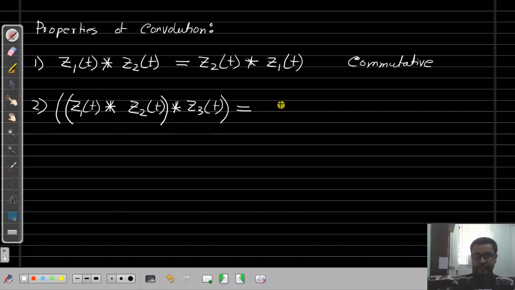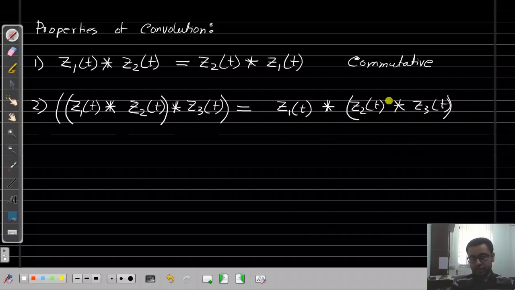It will be the same as calculating the convolution in this way: z1, z2, z3, you calculate first between z2 and z3 and then z1 and the result of this convolution.